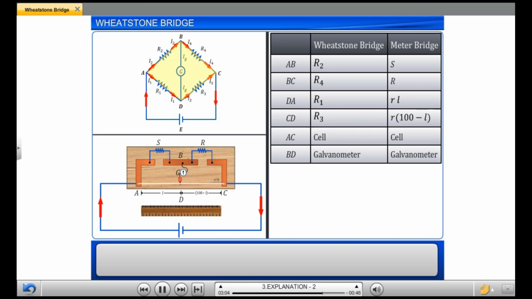As the current in the galvanometer of the meter bridge is 0, the circuit in the meter bridge is a balanced one, and hence we can apply equation 11 to the circuit.